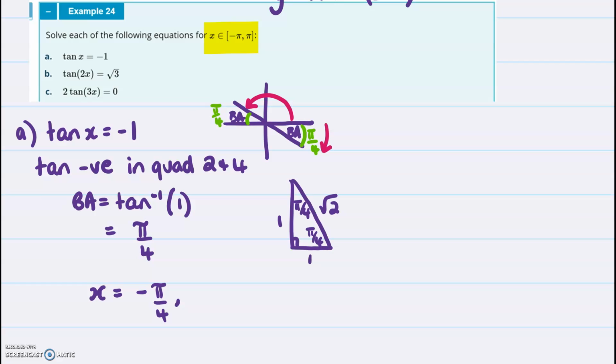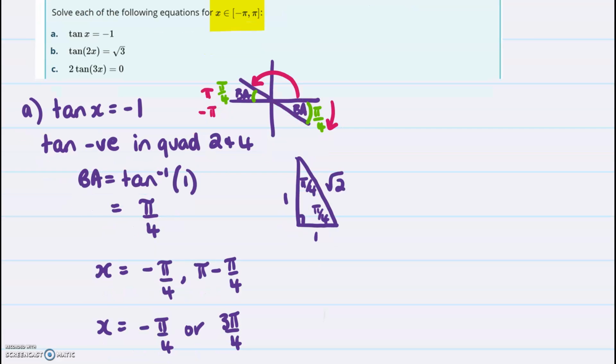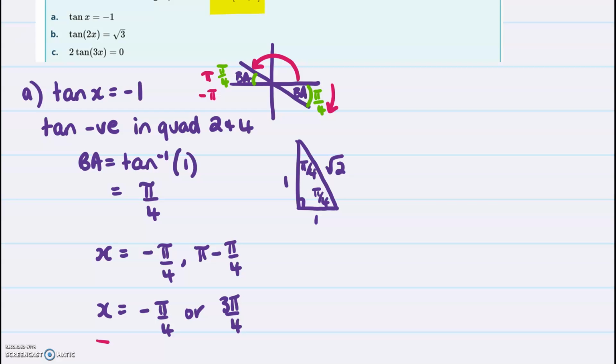So if we're going around to pi in the positive direction, around to negative pi on the negative, they're the two answers that I will have. So to get that second one, I go around to pi but subtract the pi on 4. So my answers are x equals negative pi on 4, or this is 3 pi on 4, 3/4 of pi. Okay, so they're my two answers for part A.